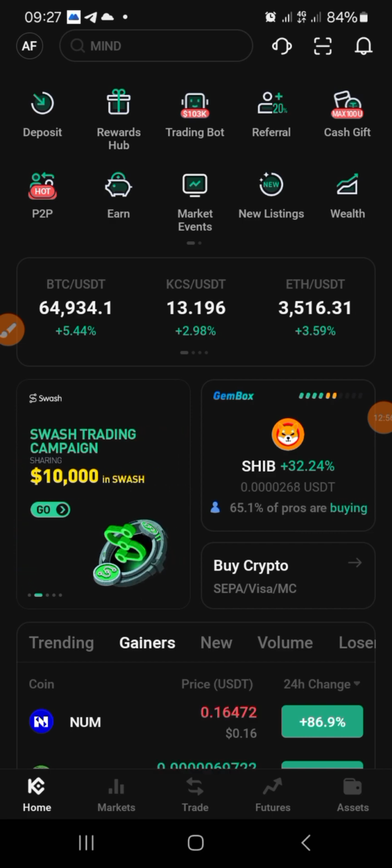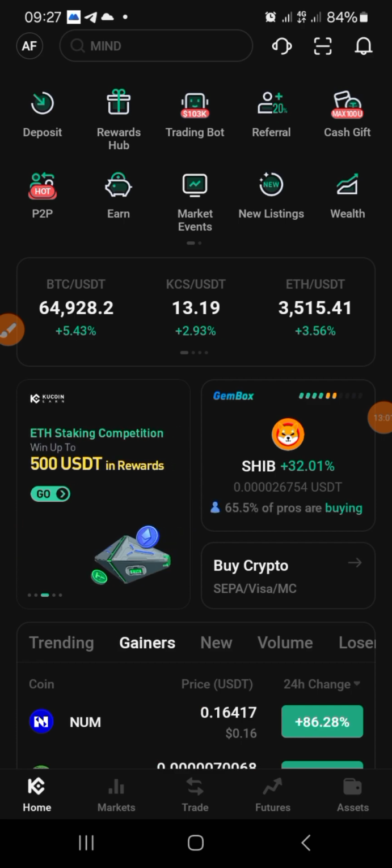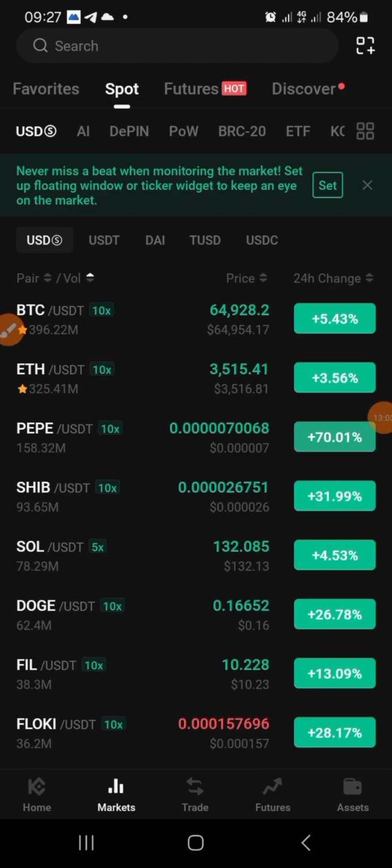Okay, so let's go straight to the market on how to trade if you've gotten your USDT just like I did. This is the market right now, and let's check a coin that we'll be able to trade.